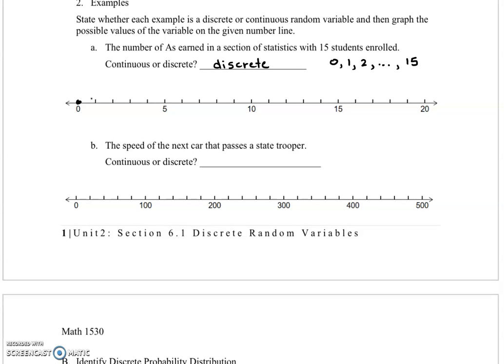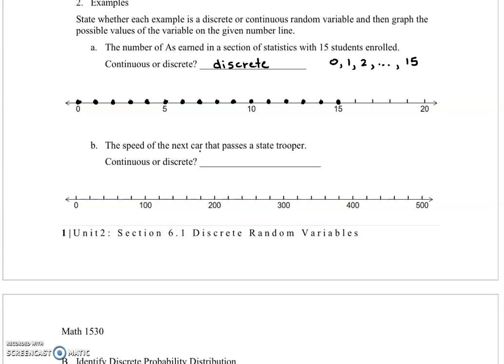So we could have 0, 1, 2, 3, 4, all the way up to 15. If you notice, we're just putting a dot at every tick mark or counting number up to 15. Now the number line goes to 20, but there's no way to get more than 15 A's, because there are only 15 students.